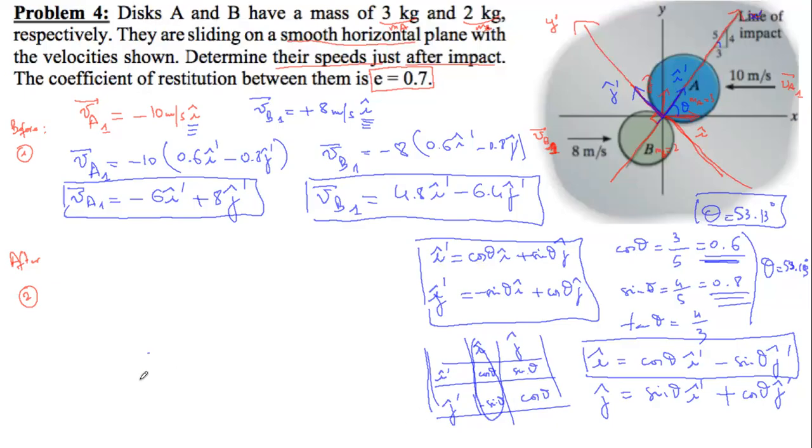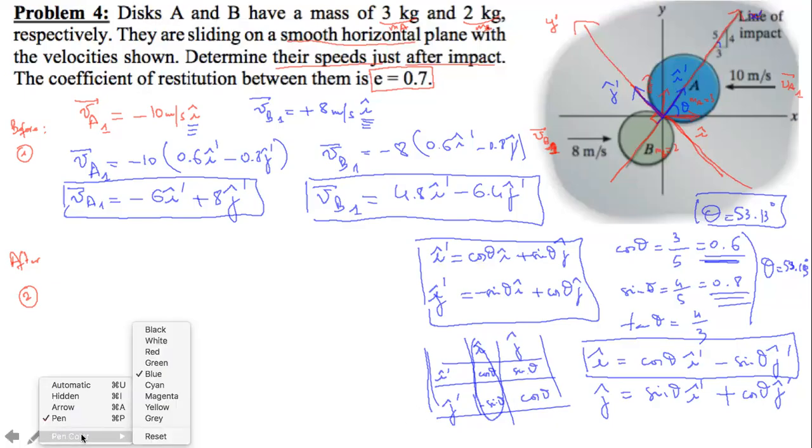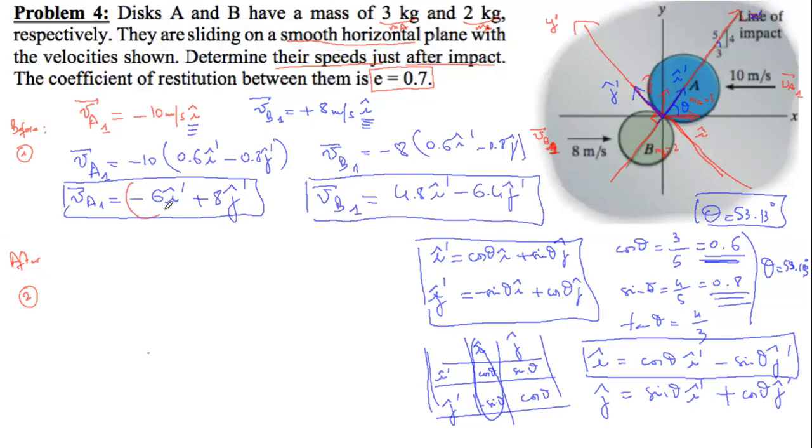Now let me tell you a few things here. Let me take the red pen. So this is what I will call VA1 X prime, the X prime component of VA1 before collision.